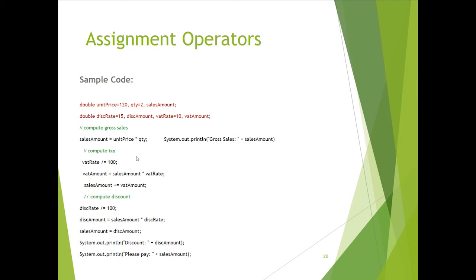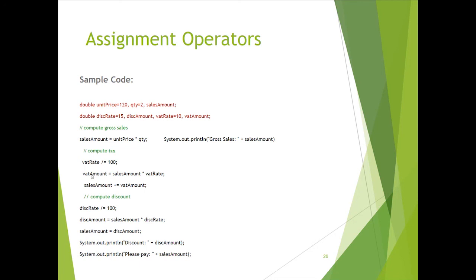Now we're going to take that 0.1 and use it to multiply sa amount ni sales value, which is 240. Yung kinumpute nyo kanina, si sales amount, 240, di ba? So it's going to be multiplied to VAT rate, which is 0.1, and now it will give you the value 24.